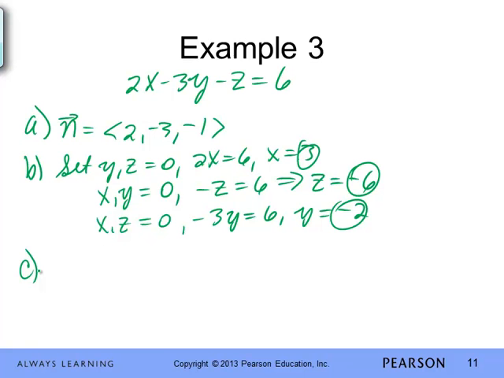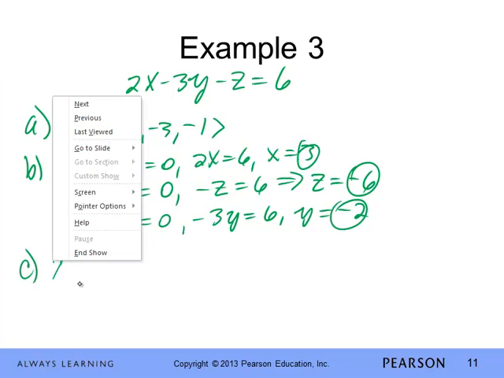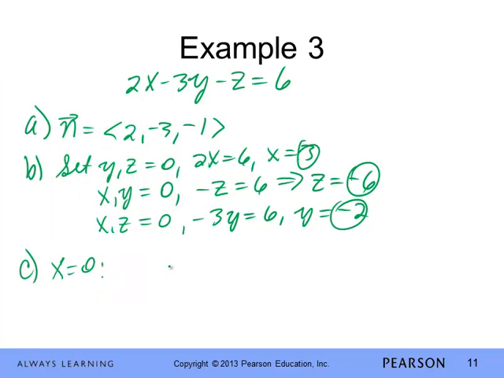That would be the equation of the line that would appear in the yz plane, where this plane intersects the yz plane. That's called a trace. We'll talk about traces more later.